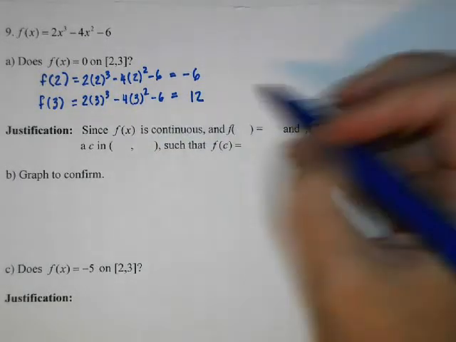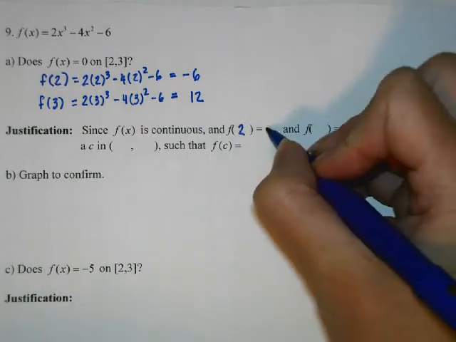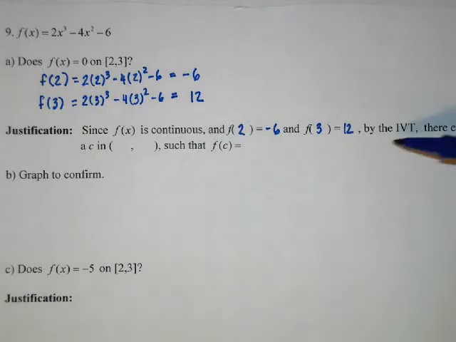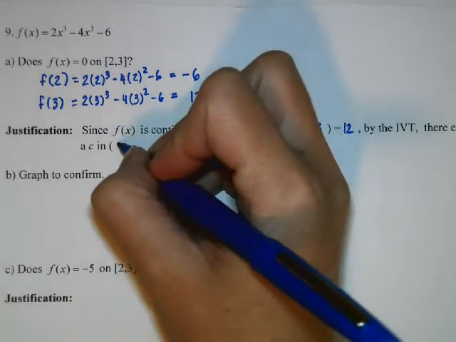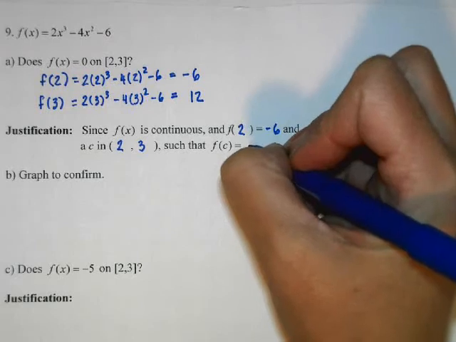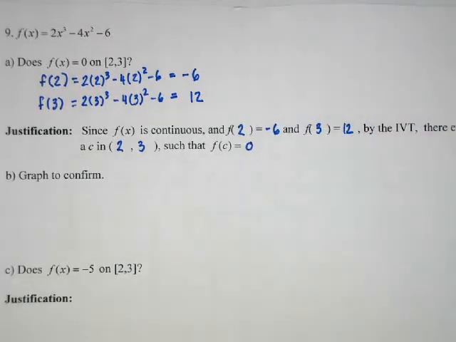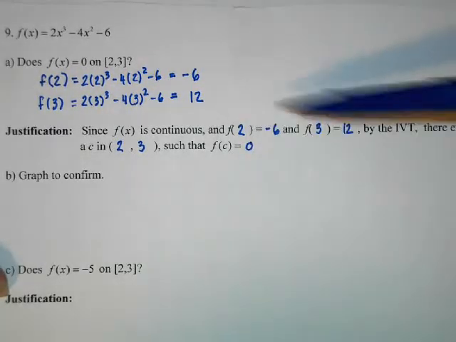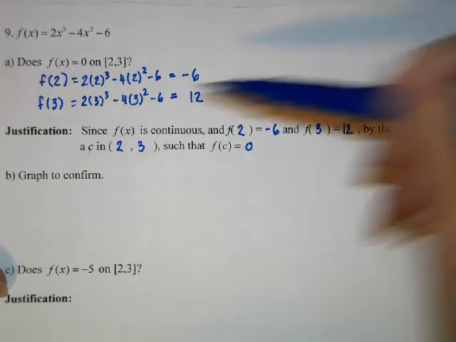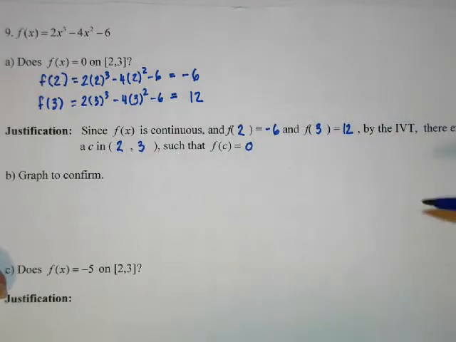Since f of x is continuous and f of 2 equals negative 6 and f of 3 equals 12, by the IVT, the intermediate value theorem, there exists a c in (2, 3) such that f of c is equal to 0. So you have to state the function values, you have to state the theorem that you're using, and then you can make your conclusion.